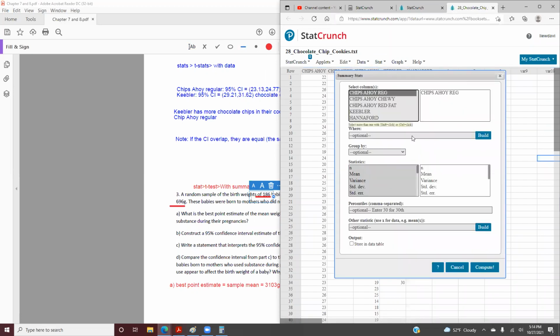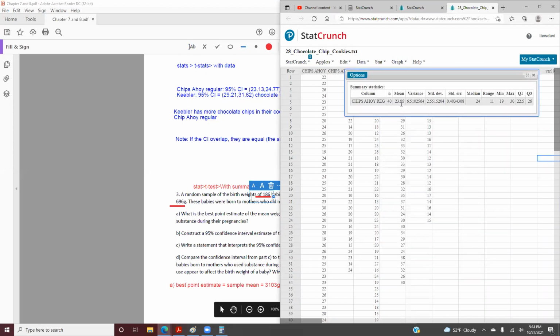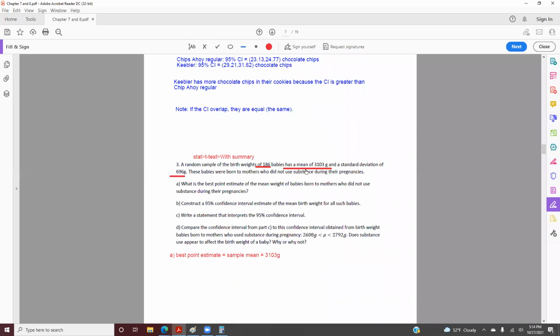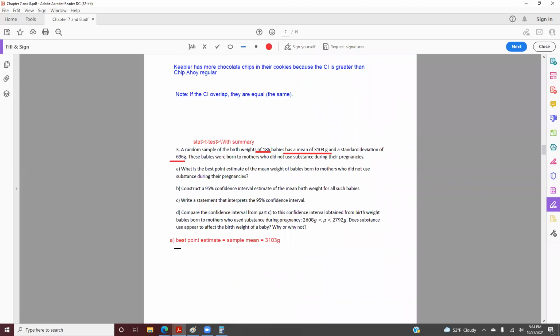You do Chips Ahoy, and the mean in this case is around 24. So this is how you find the mean. If they give you the data, you have to go to the summary statistics that you learned in chapter 3. But if they provide you the summary statistics, you just use it.